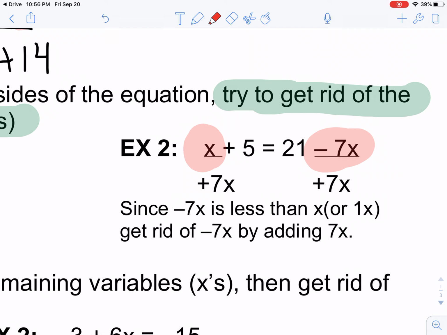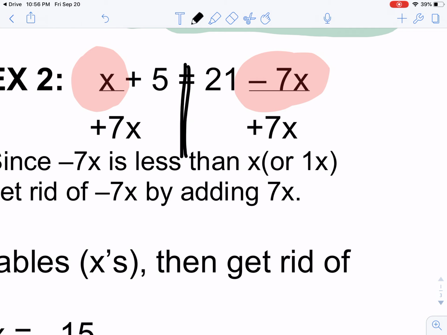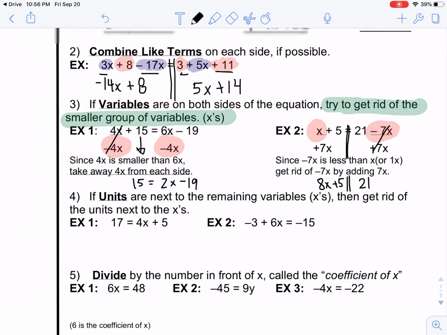Hopefully you notice that negative 7 is a smaller value. So what we're going to do is get rid of the variables on that side, which means we have to do the inverse operation, or the opposite of. So if it's minus 7x, we need to add 7x to both sides. Okay? Once we add 7x to both sides, we will have 21 on the right side and 8x plus 5 on the other. Okay?